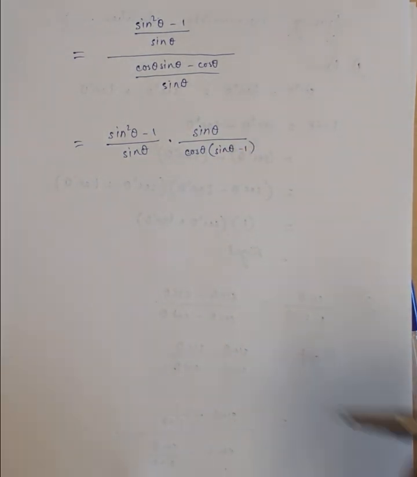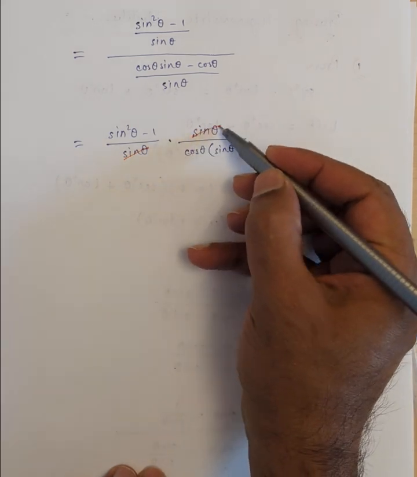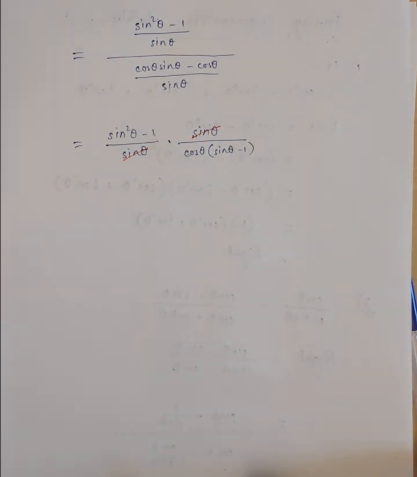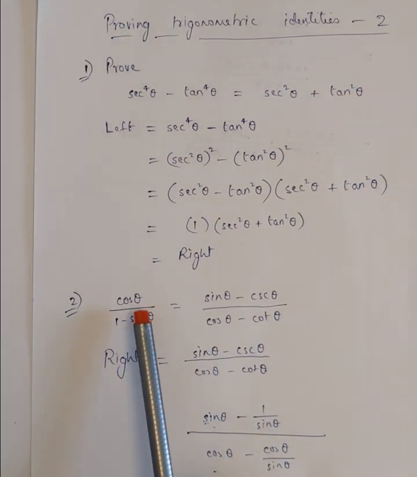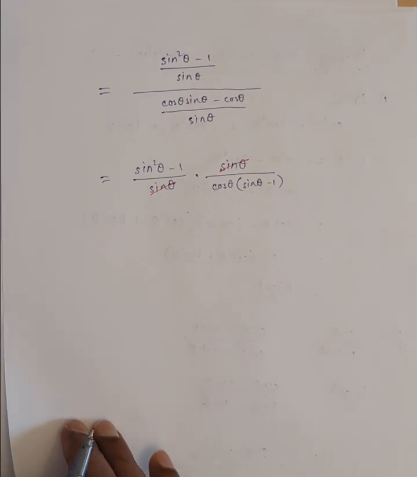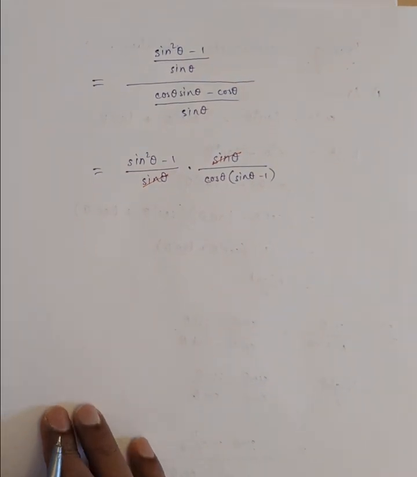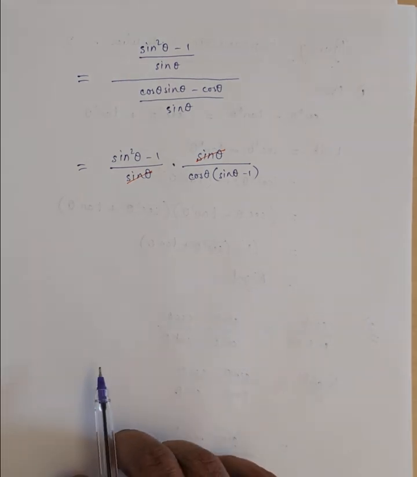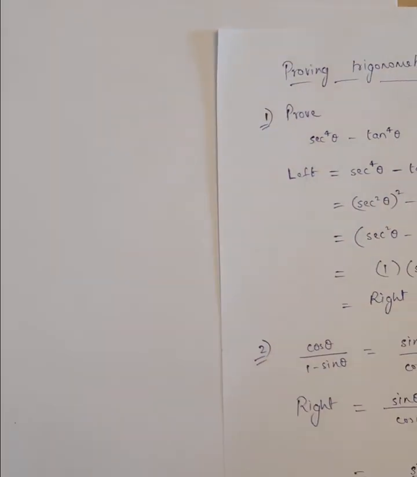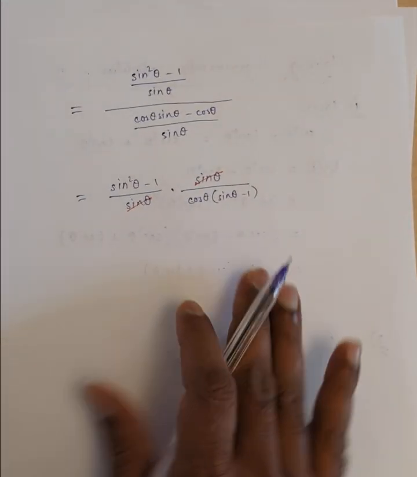Now it's time to cancel this sine theta and that sine theta. And you also want to pay attention to the left side. Left side is cos theta over 1 minus sine theta. Are we getting something like that? Not yet. But we need cos theta in the numerator and 1 minus sine theta.